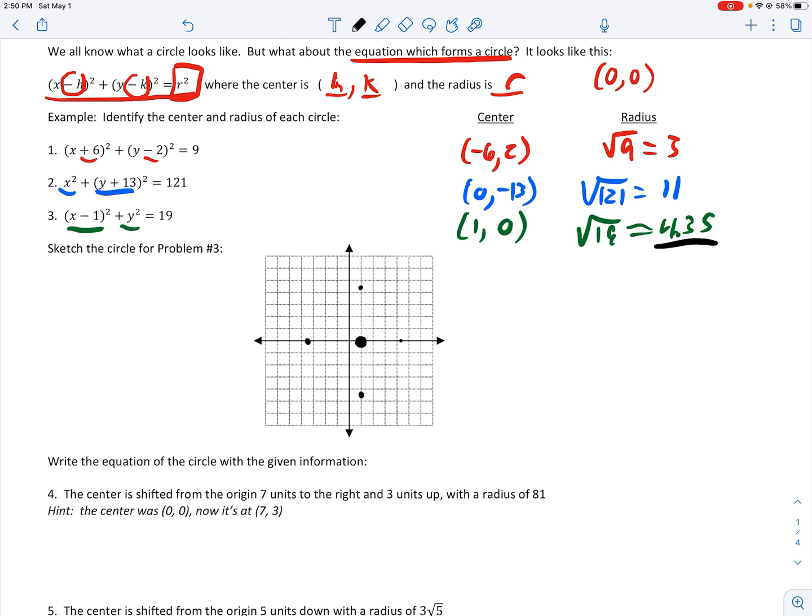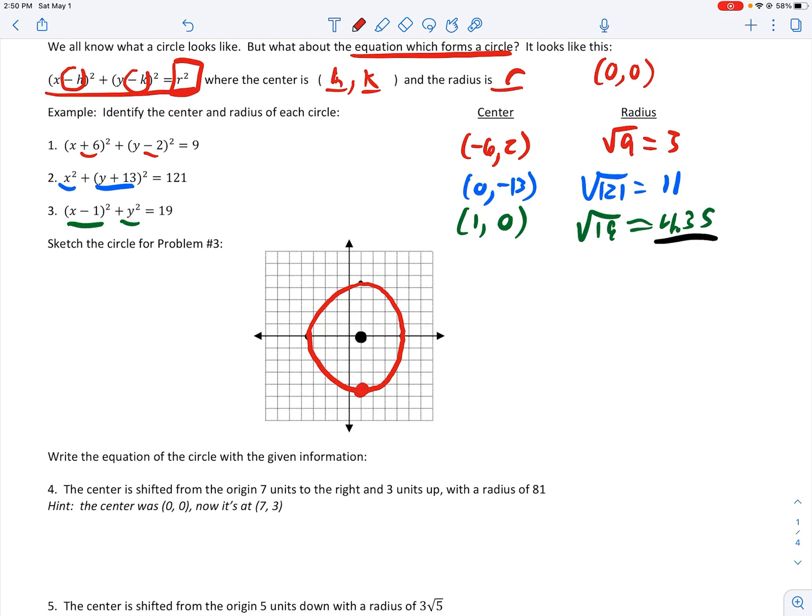Then just connect those 4 dots with a curve. And there's your circle. You have your 4 points and your center.